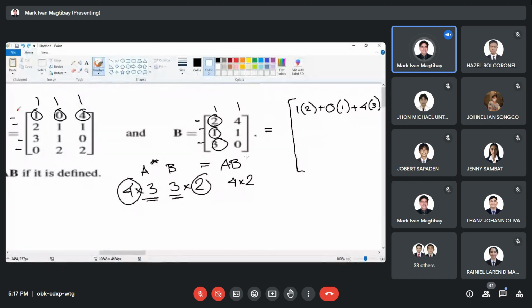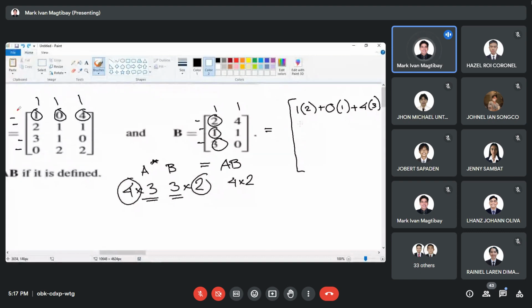And then next po, dadako naman tayo sa second row naman pero nasa first column pa rin. So, ito naman po ang dadaanan natin, but we will stick to the same values po ng first column. Dahil ang kukunin naman po natin is yung value ng A21 natin. Second row, first column. Ito pong row na to manggagaling doon sa una, itong column na to manggagaling doon sa pangalawang matrix. Okay, start po ulit natin.